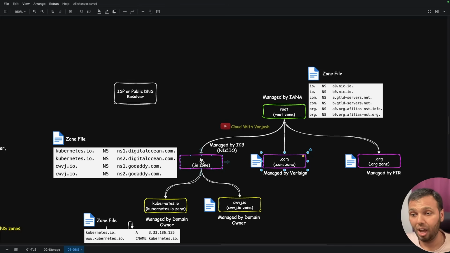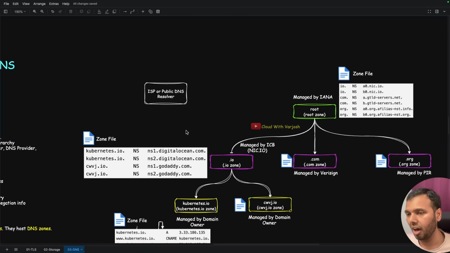For example, .io will have the authoritative name servers of cloudwithvarjosh.io. Now, how these entries are made, we have already discussed for the root, because it is IANA who does it. Now in the next slide we will discuss how that happens for these TLDs.